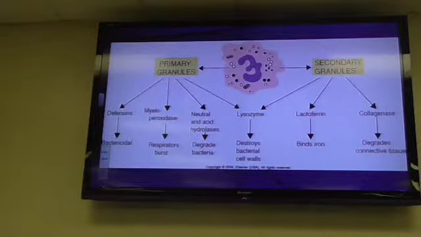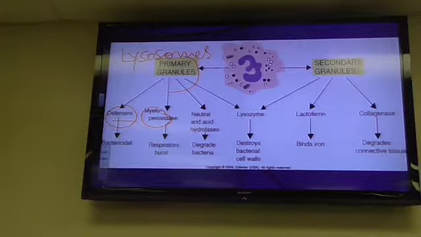That's what is shown here again, what exactly these primary granules are. Again, remember these are also called lysosomes. They contain this myeloperoxidase. Defensins are the antimicrobial peptides that we talked about. There are a few other enzymes and the lysozyme that acts against the bacterial cell walls.